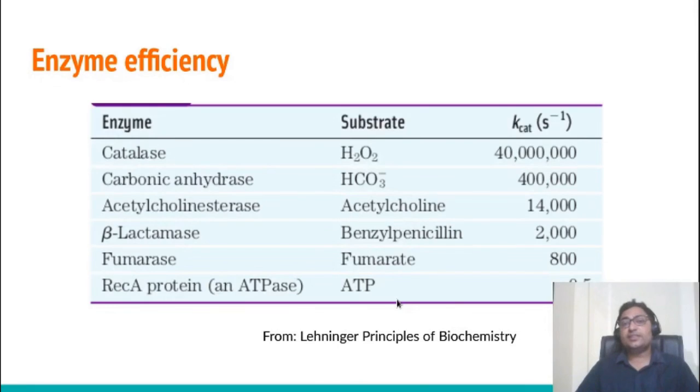Now we have discussed a term, enzyme efficiency, or enzyme activity, which may be measured by K catalysis. The unit that is used to assess the efficiency of an enzyme is known as K catalysis. We will discuss K catalysis, enzyme inhibition, and the internal mechanism of enzyme efficiency in the next tutorial.